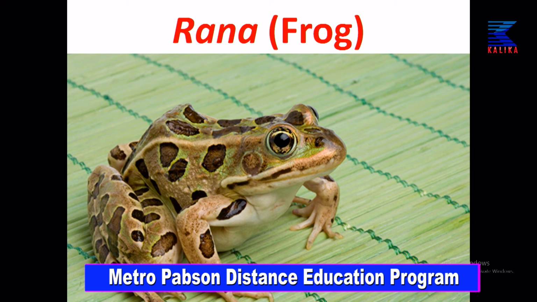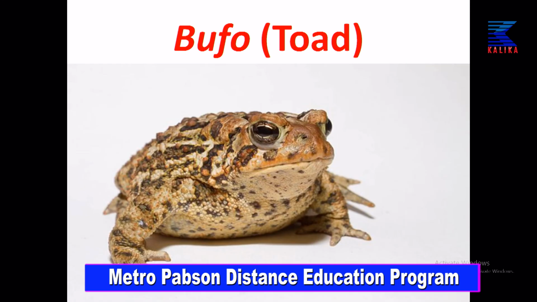Okay, it's beautiful. So now have a look. I like this one. That's a Bufo. It's another species. The Bufo is mainly terrestrial. It has got a poison gland.